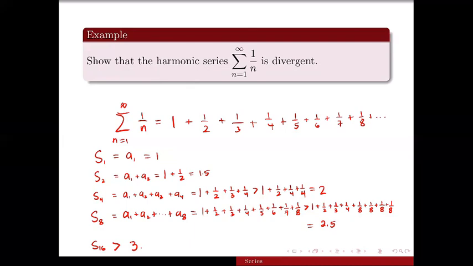Your S sub 16 will be greater than 3. So what does this mean? What can we conclude from here?